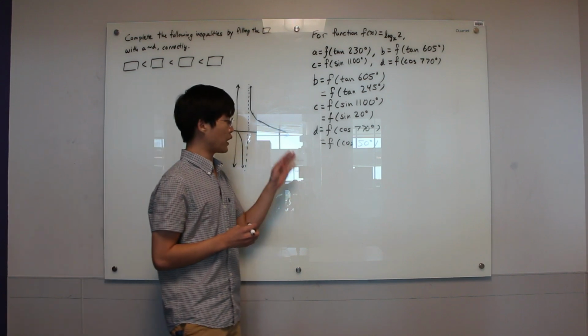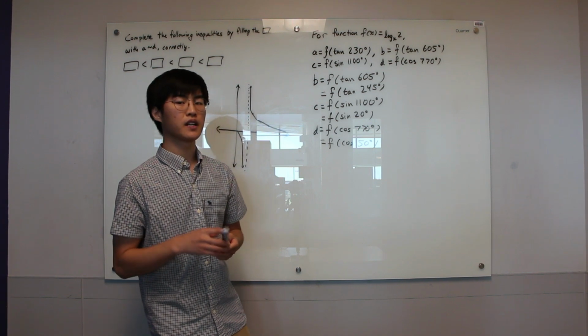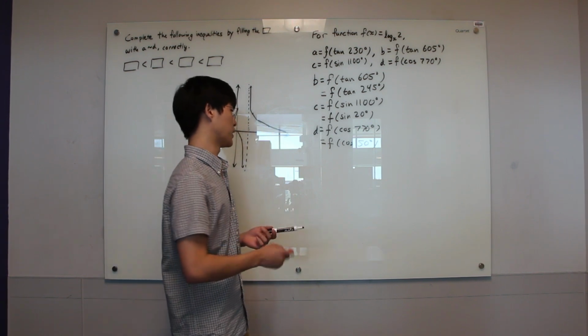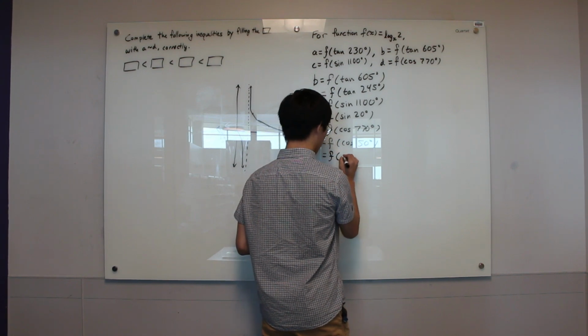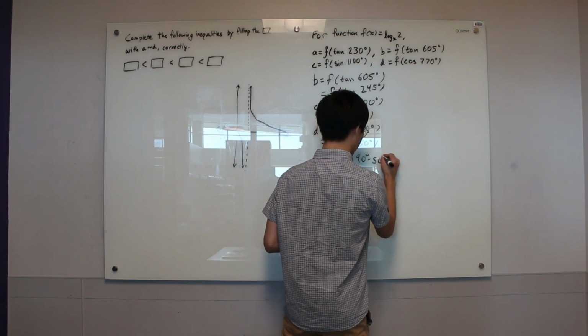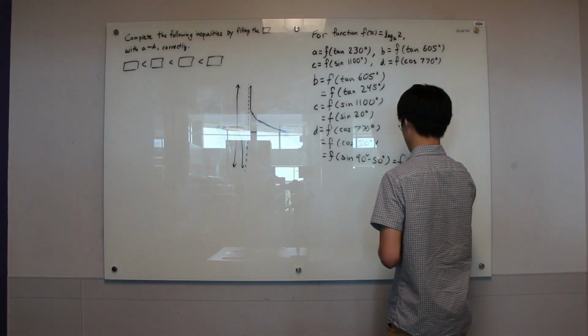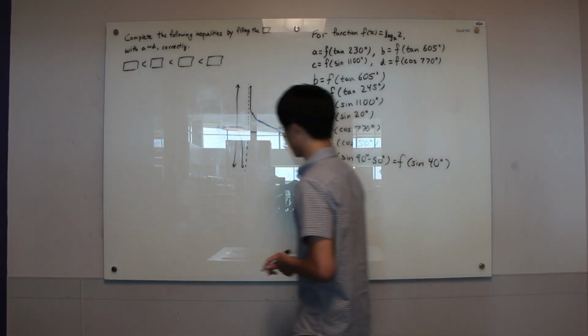So we can use a property where we can say cosine is equal to sine if we take 90 minus the current angle measurement. So this is the same as saying function of sine 90 degrees minus 50 degrees, which gives me function of sine 40 degrees.